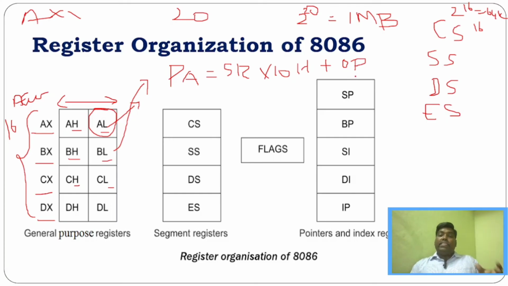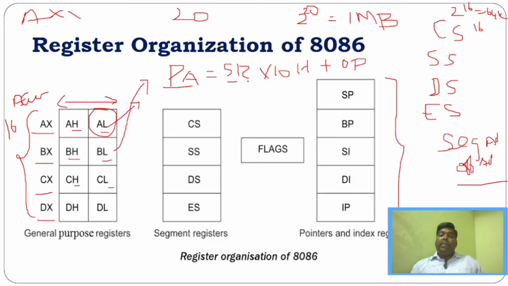Now you have to understand that there is something called segment address as well as offset address. The segment address will be located in the segment registers, and the offset address will be in the offset pointers, right? To calculate the physical address, we need 20 bits, as I said.